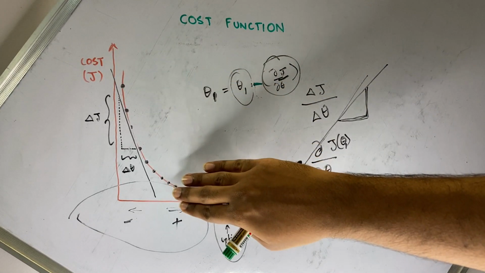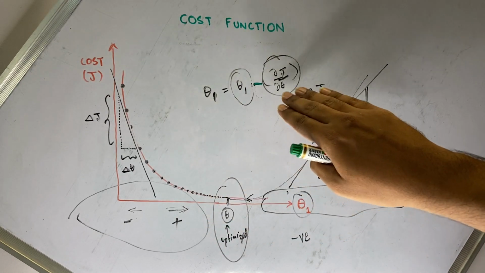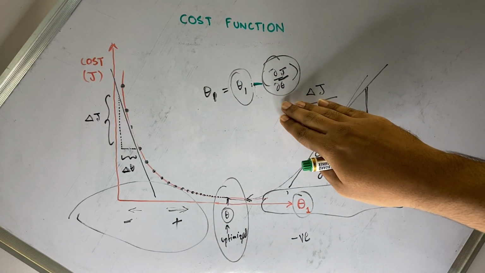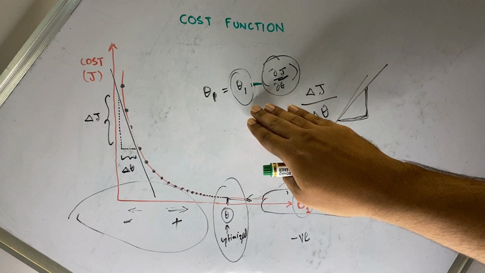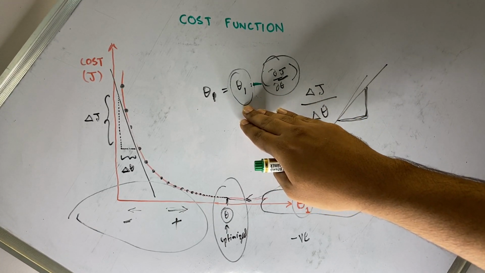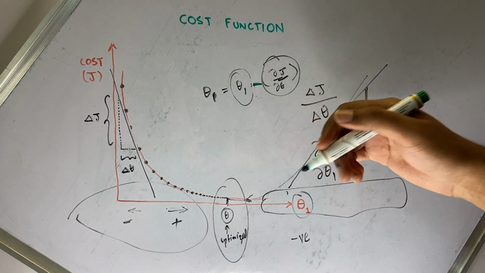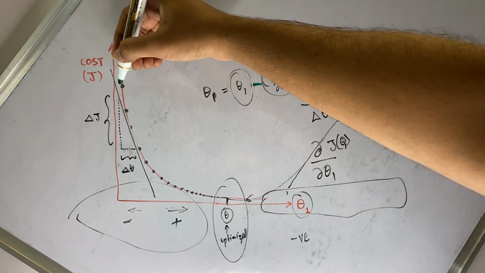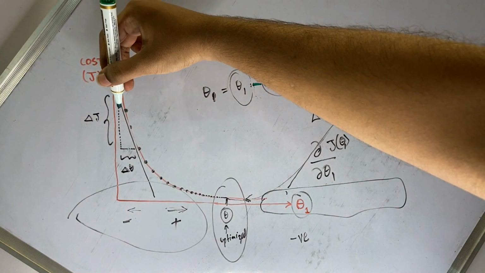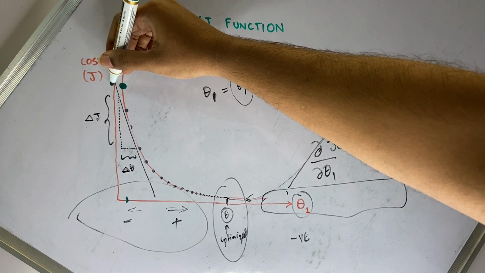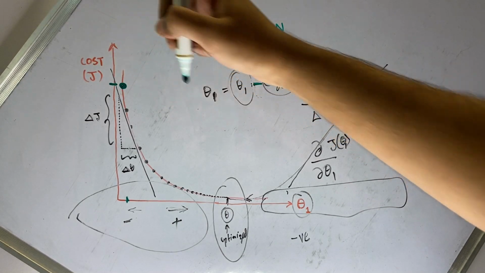If the slope is very steep, it means the derivative is a larger value. So when the derivative is a larger value, you would be subtracting a larger value from the parameter. When you have initialized theta somewhere around here, the cost function will be very high at the very beginning.